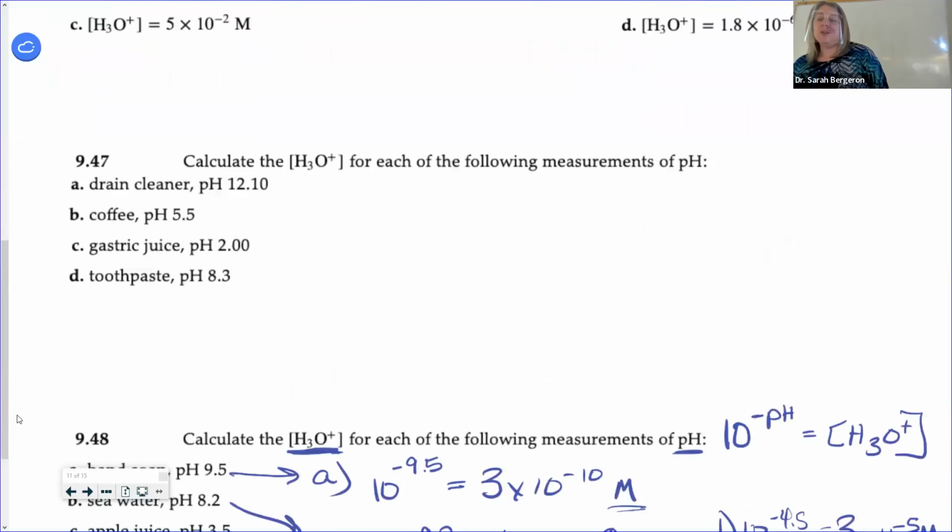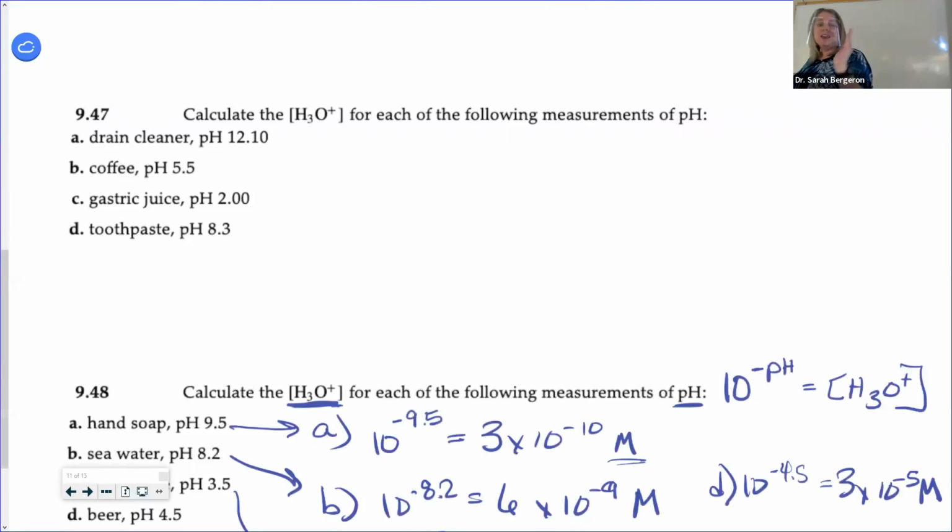Okay. Now, oh my gosh, this is weird. Calculate the hydrogen ion concentration for each of the following measurements of pH. What's the formula for pH?